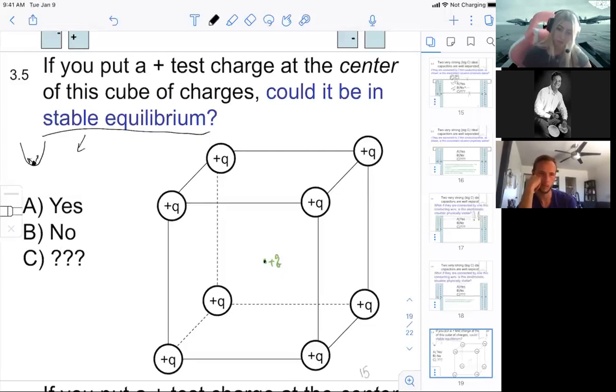So a stable equilibrium suggests that the potential energy of this little test charge Q, which is Q times potential, must be at the minimum in the middle. So that means my potential must be a minimum in the middle.